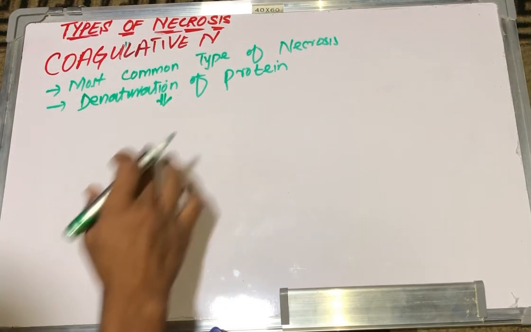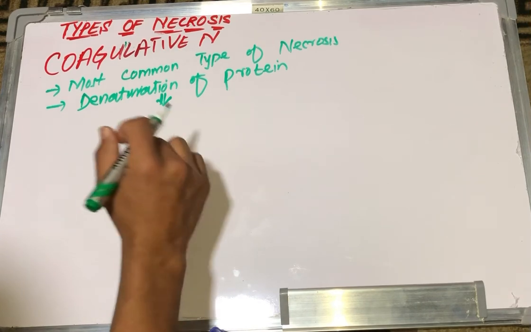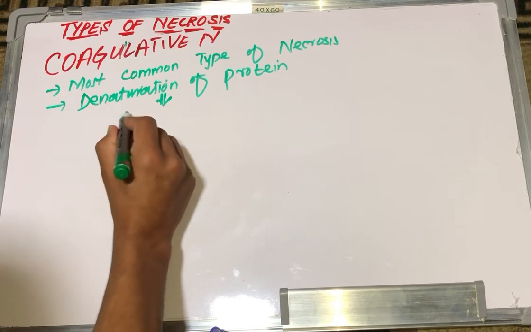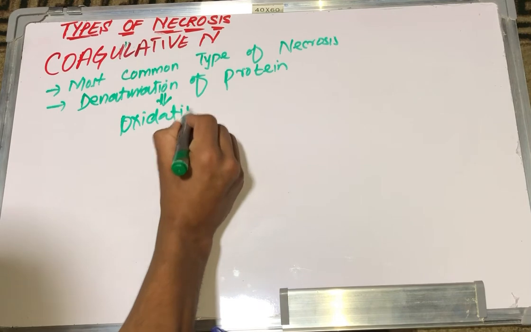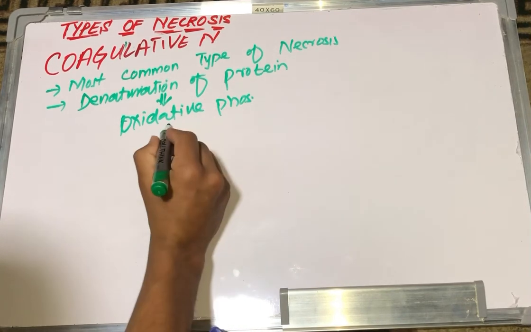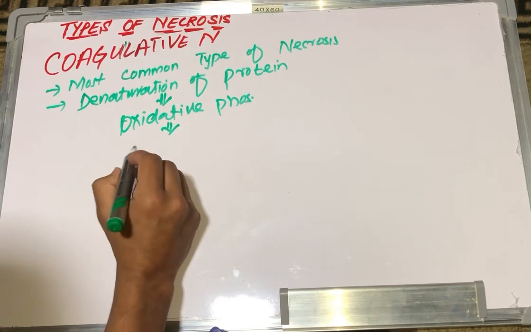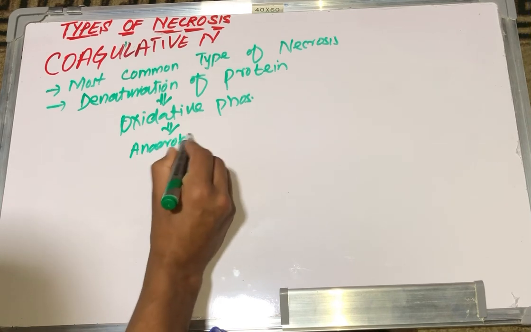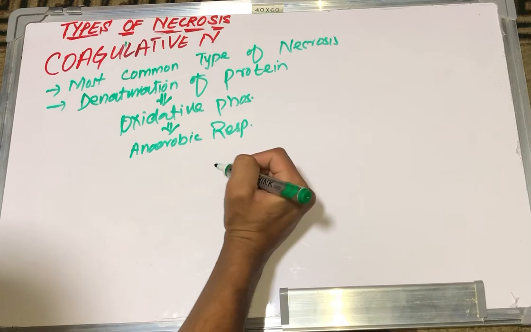When there is a decreased level of oxygen and the cell cannot perform oxidative phosphorylation, as a result anaerobic respiration occurs inside the cell because there is a deficiency of oxygen.